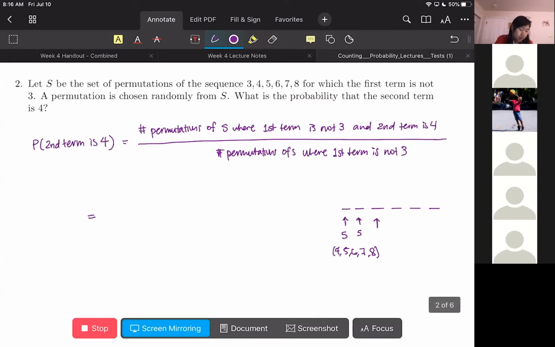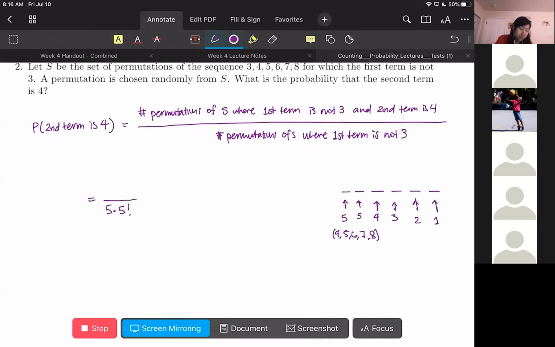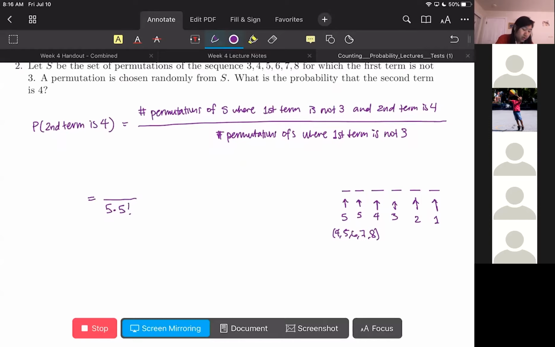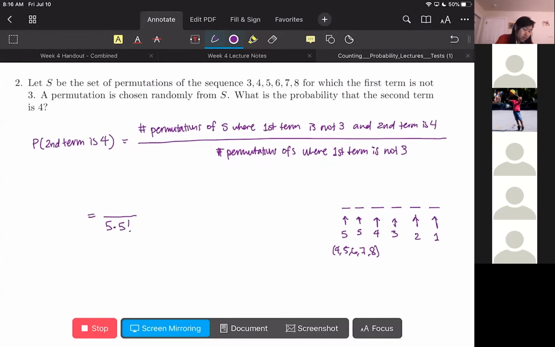For this one, we have 4 choices, then 3 choices, 2 choices, and then the last is whatever number we have left. So here we have 5 times 5 factorial. The other way you could think about this is that there's a restriction on the first choice, so 5 choices, and then no restrictions for the other 5 numbers, which can be ordered in 5 factorial ways, so 5 times 5 factorial.